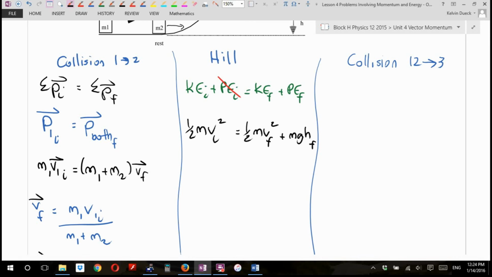Are all of those masses the same? In fact, what is this mass as a number? 8, 8, 8, right? M1 plus M2. So can I cancel the m's out? Yay! What am I trying to find here?